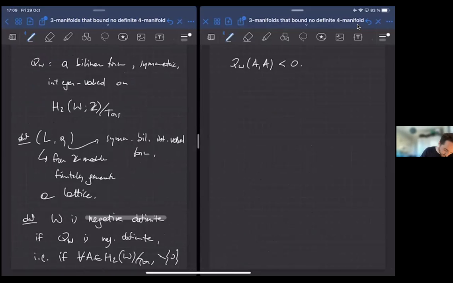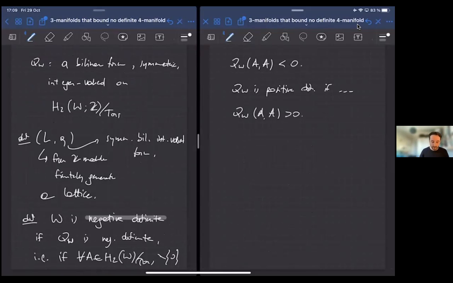And in an analogous way, I would say that Q of W is positive definite if, under the same assumptions, Q of W of A, A is strictly positive.